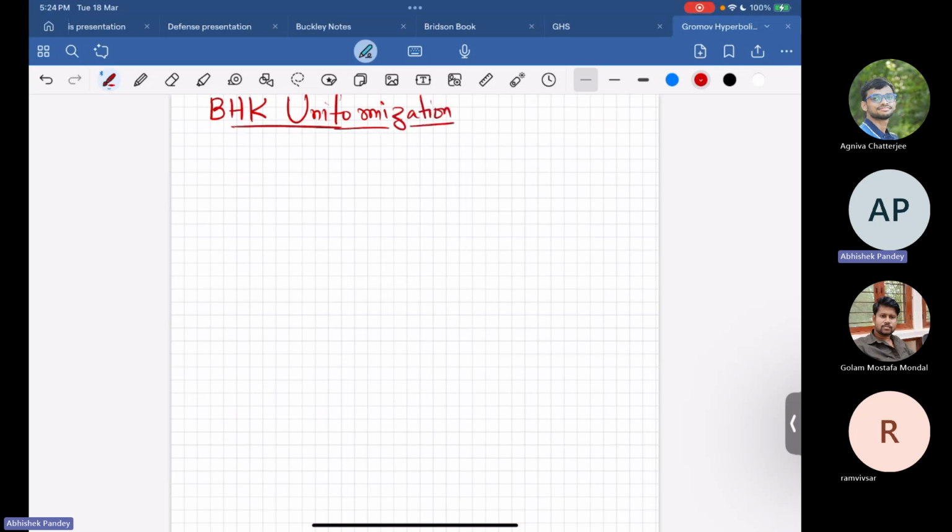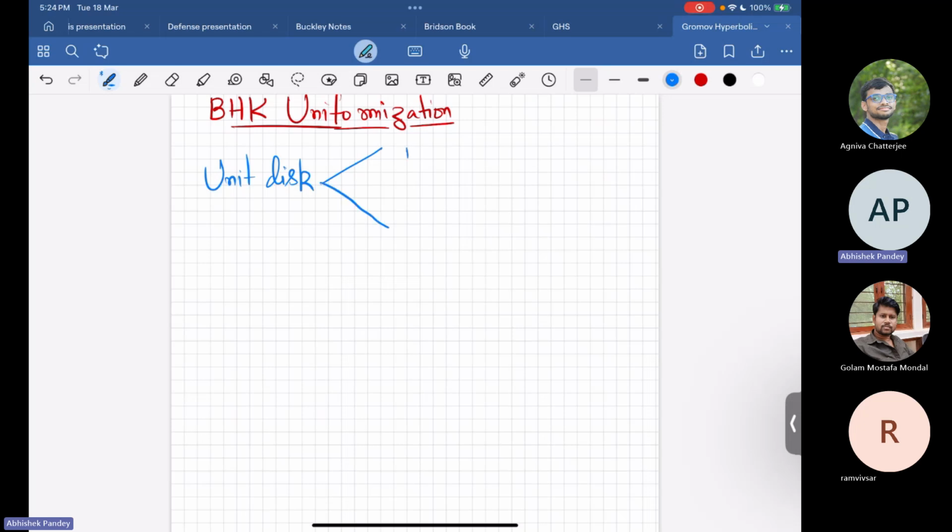What do we mean by this uniformization technique? If you take the unit disk, it has two conformally related lives.